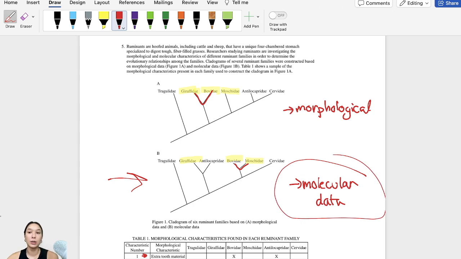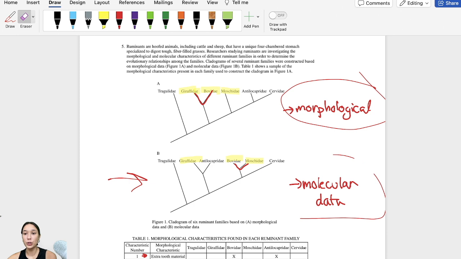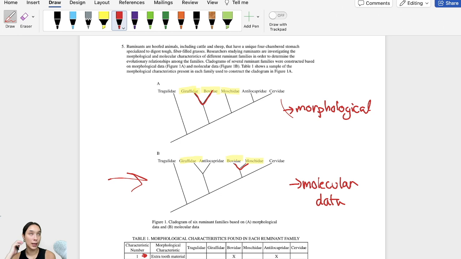B is molecular data and A is morphological data. And for our cladograms and for determining evolutionary patterns, we remember learning about homologous and analogous structures and how you shouldn't use morphological data to determine evolutionary relationships, right?